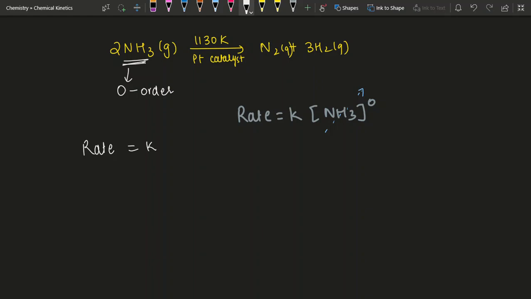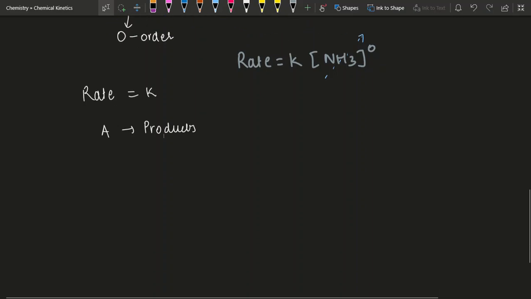In theory, you can apply this not just to the decomposition of NH3, but to any reaction in general. So let's take a general reaction, A going to products, A reacting somehow and going to products, and let's say this is a zero order reaction.